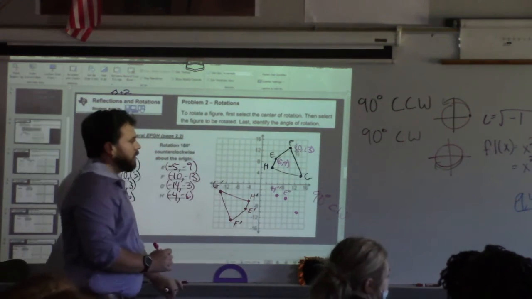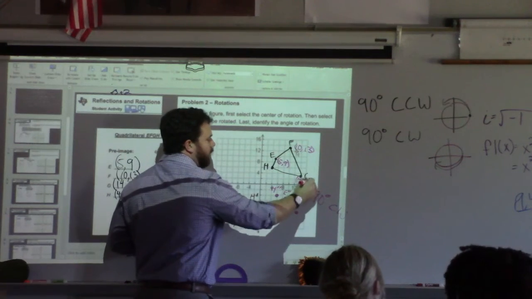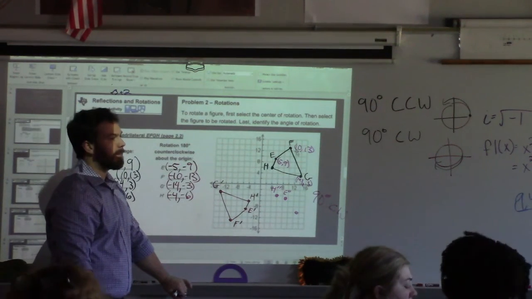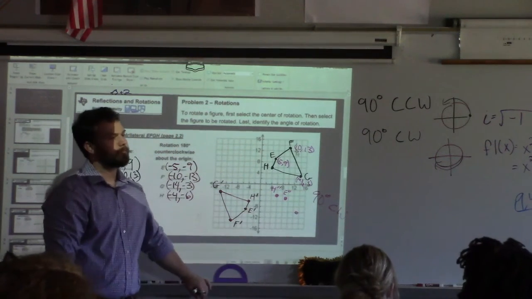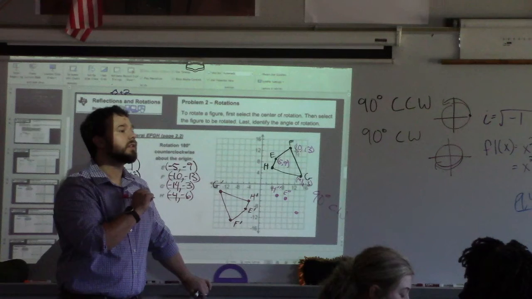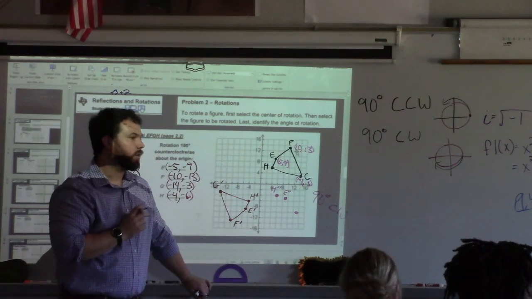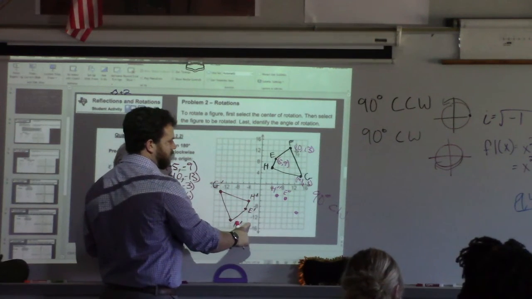And then G, which is currently 14, 3. Michaela, what are those coordinates going to become when I rotate 90 degrees clockwise? Wait, is that a 3? Okay, so I get negative 3, negative 14?